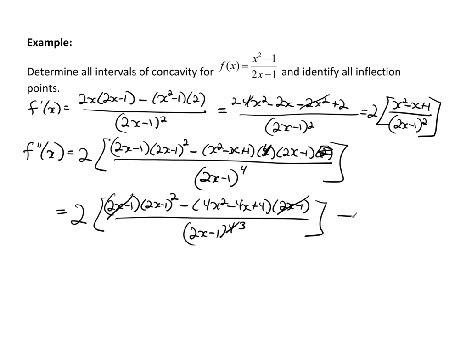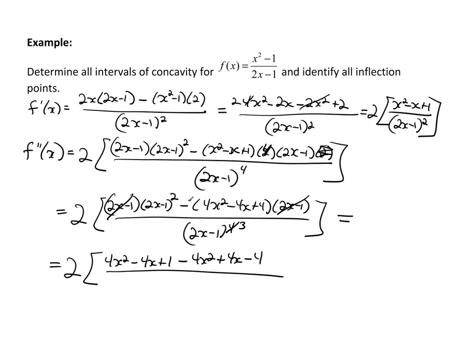So this is then equal to 2 times, I'm going to expand this so I can combine these: 4x squared minus 4x plus 1 minus 4x squared plus 4x minus 4. So I just distribute this negative. I dropped the parens. All over 2x minus 1 cubed.